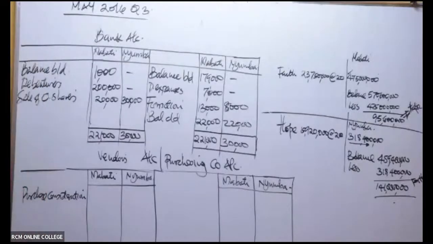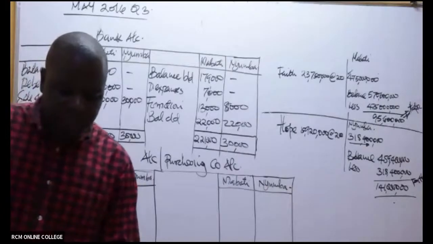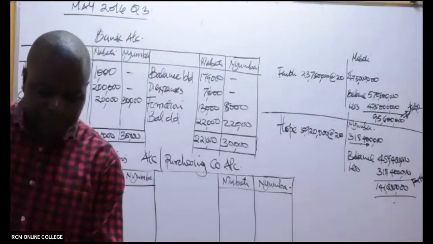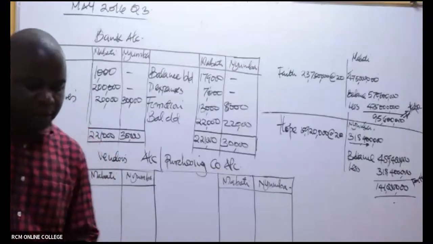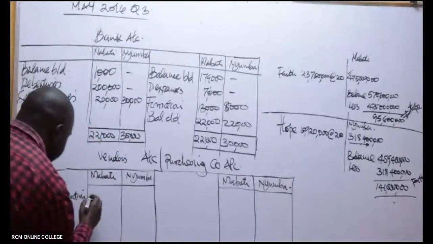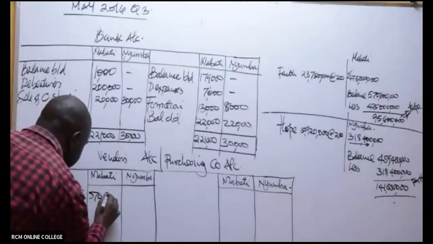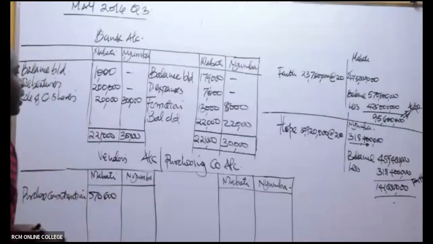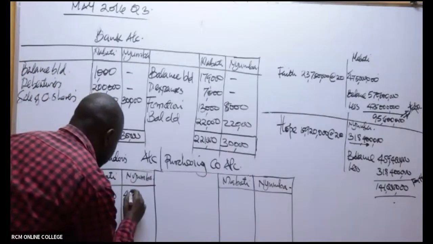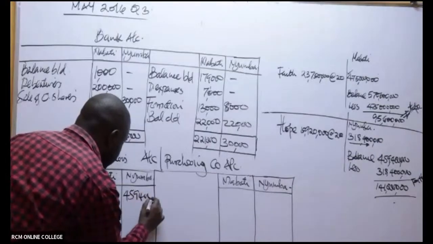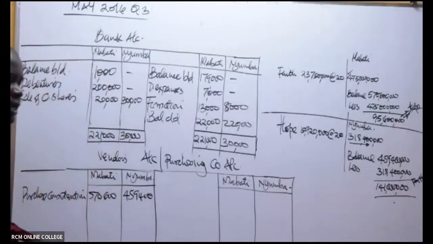Tulikuwa tushaipata in our first account, in the business purchase account, tulikuwa tushaipata 570,600 and 459,400.